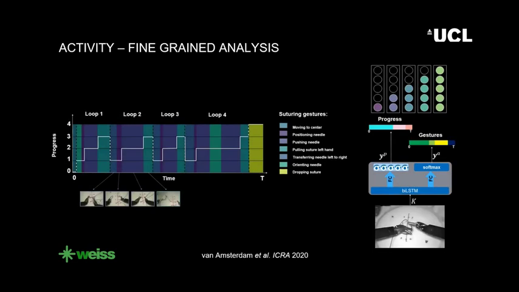Potentially we can do automated analysis of activity like this just using the video and maybe the kinematic information. In this paper, which we published at ICRA earlier this year, we're essentially taking the kinematic signal and segmenting the very fine-grained gestures that are being conducted during these phantom-based suturing experiments.